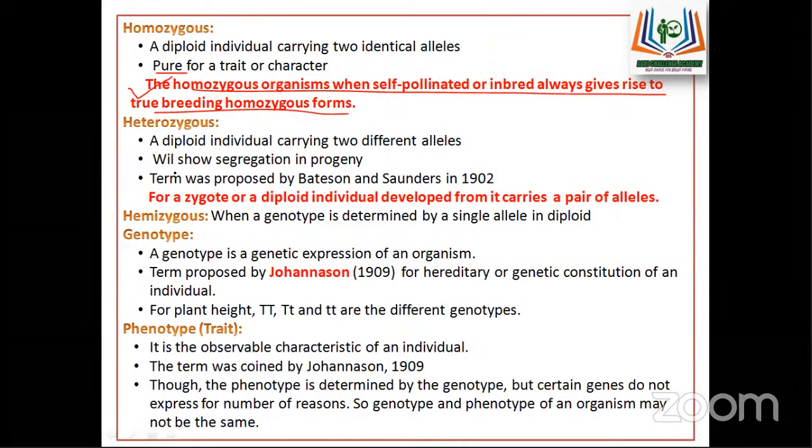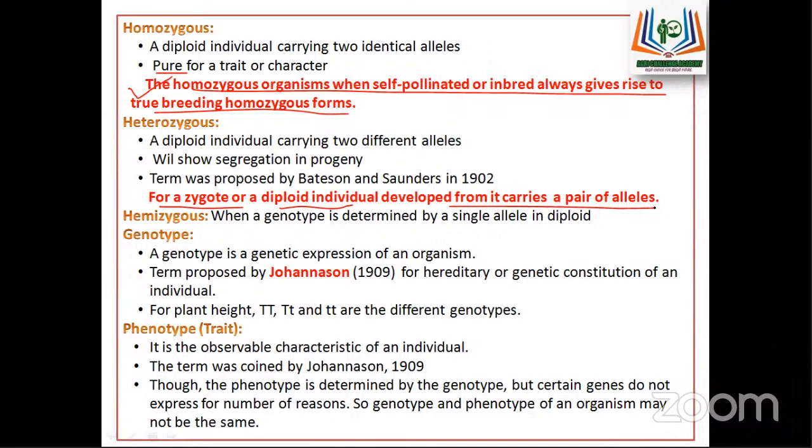Then a heterozygous individual, a zygote or a diploid individual developed from it, carries a pair of alleles. That means the progeny of a heterozygous individual can be homozygote also, heterozygote also.